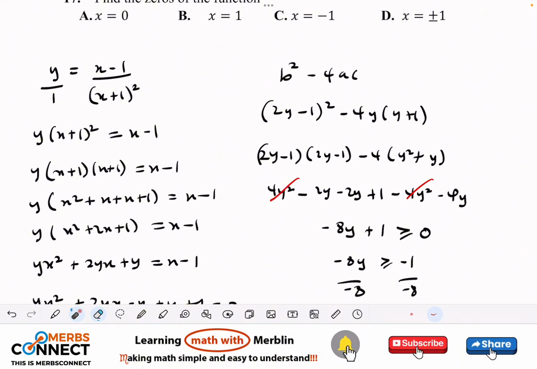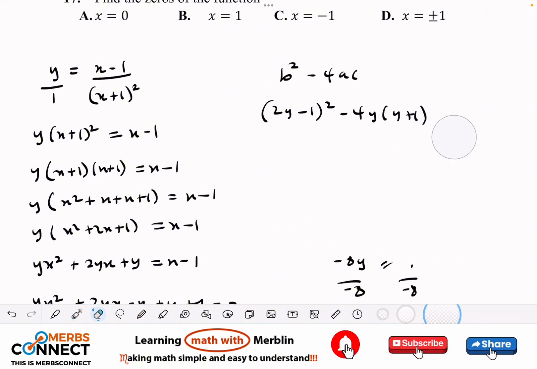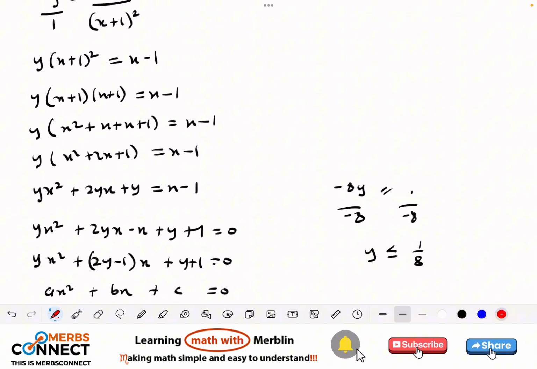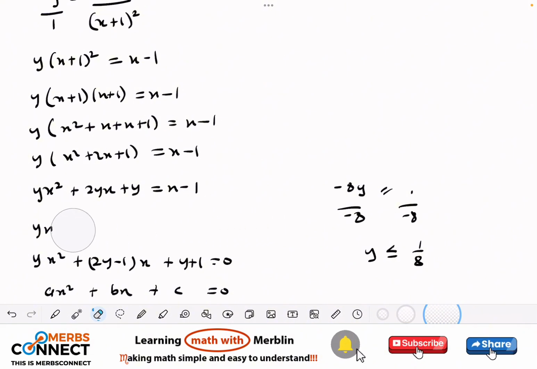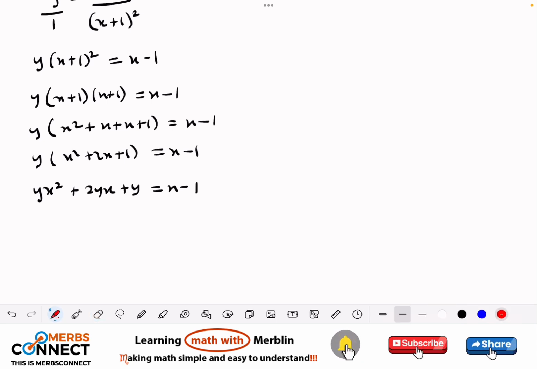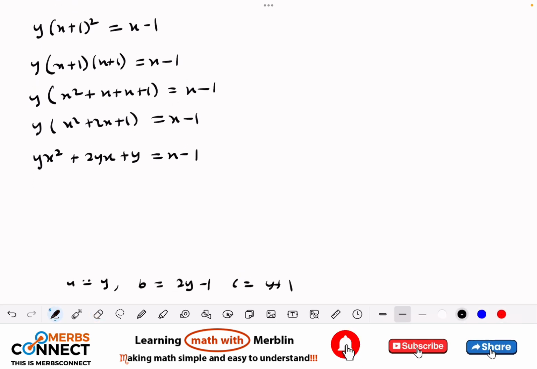So let me do something small for you to see what I was trying to say here. After I've gotten to this side, if I don't want to use the discriminant rule, what I can do is make x the subject, right? Because I need to make x the subject so that the function will be in terms of y only.